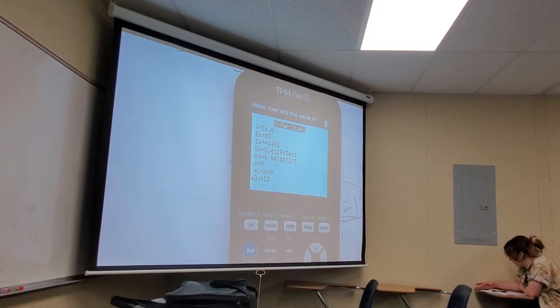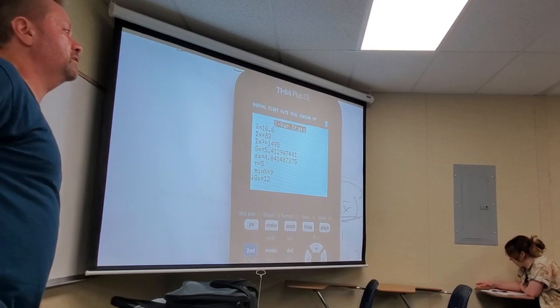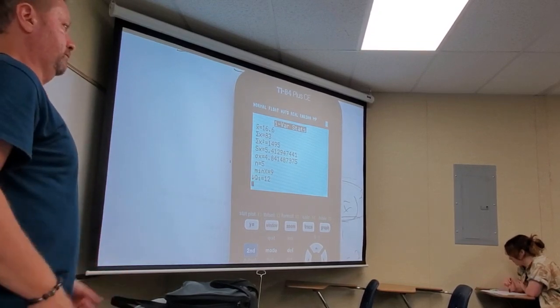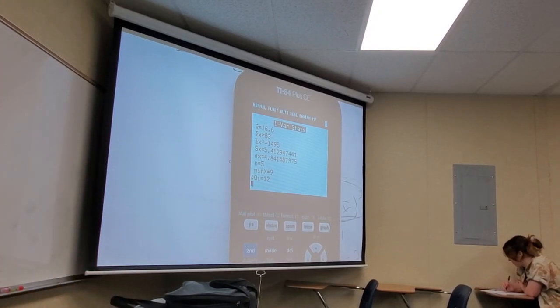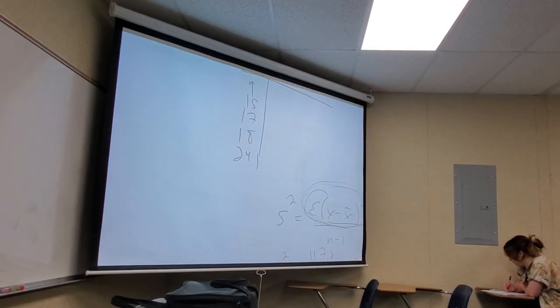So just assume it's a sample if you can't tell. I try very hard on my tests to actually say it's a sample or it's a population, because I'm not trying to make any trick questions.